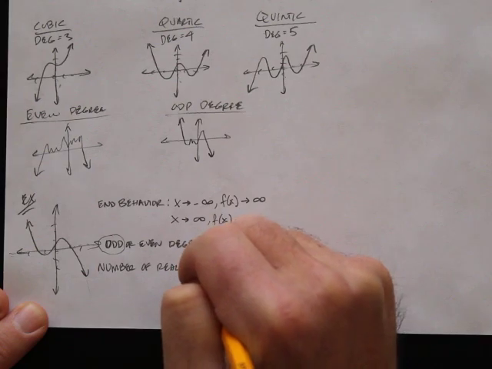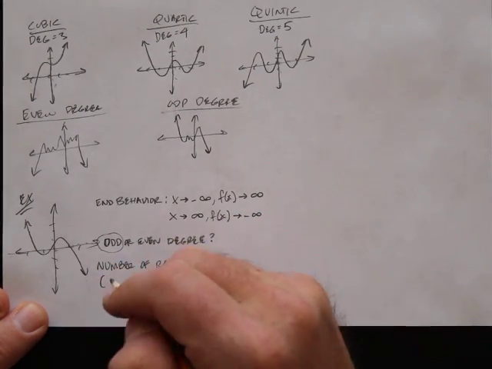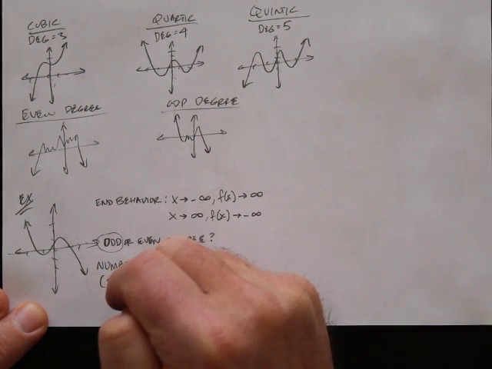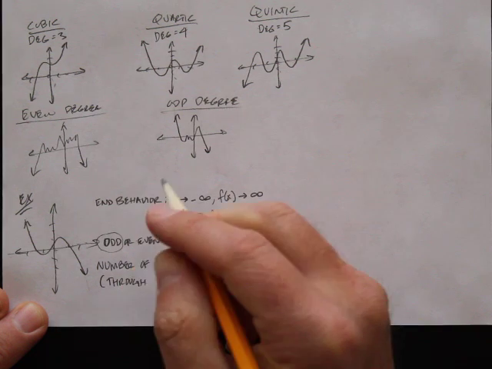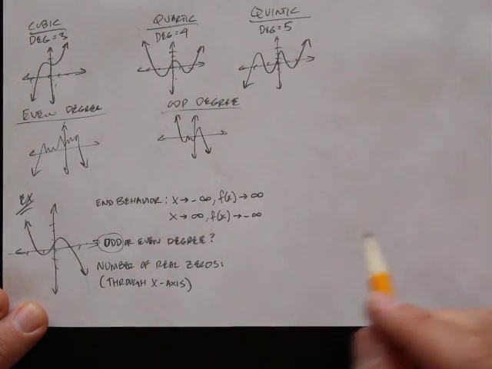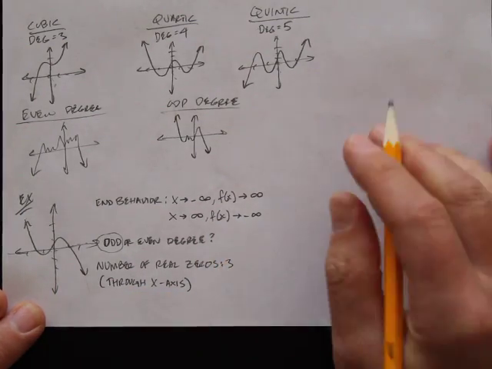And a real zero, hopefully you remember, that's where the graph crosses the x-axis, where it goes through or touches the x-axis. And so it goes through 1, 2, 3 times through the x-axis.